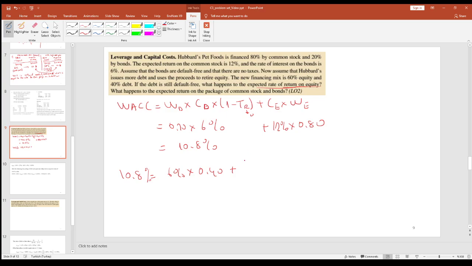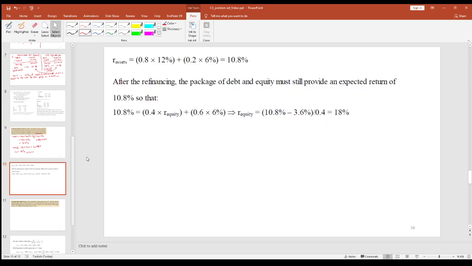There are no taxes, so this part is 1. Cost of equity, this is what is asked in the new situation. Weight of equity as it is given is 60%, 0.60. From this equation, you can solve cost of equity and find 18%.